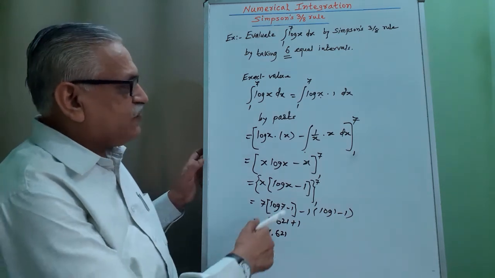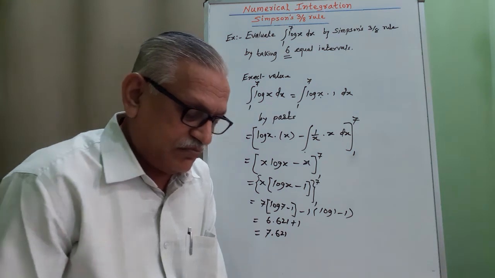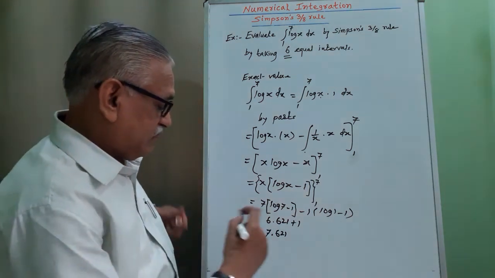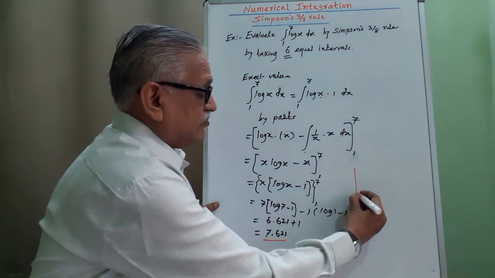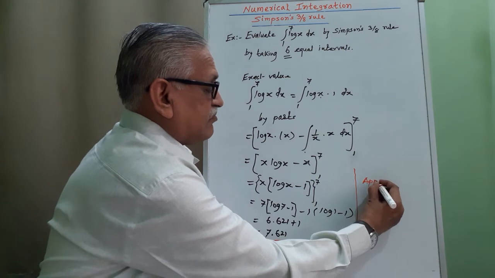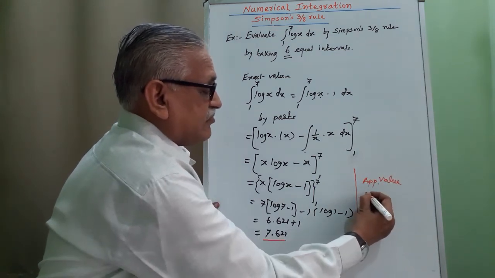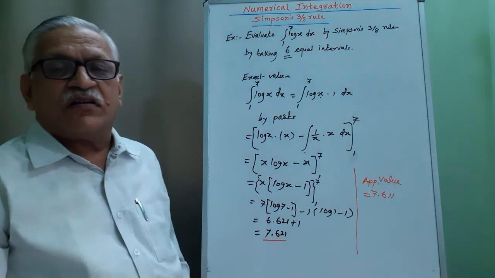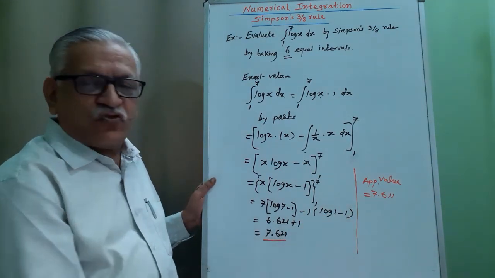And then compare that with the approximate value. It is 7.611 and this is 7.621.